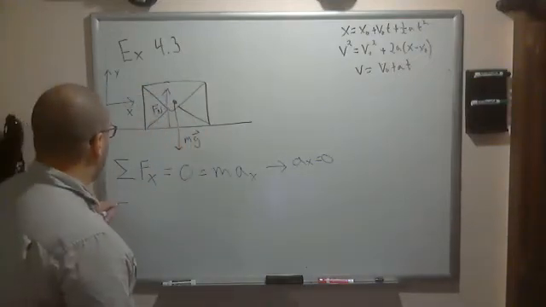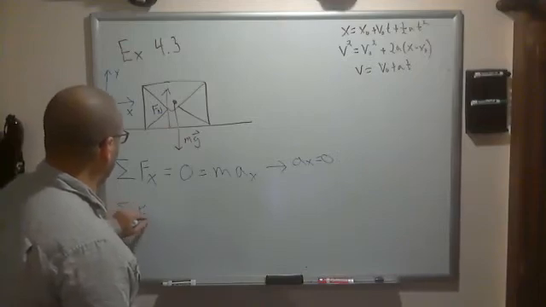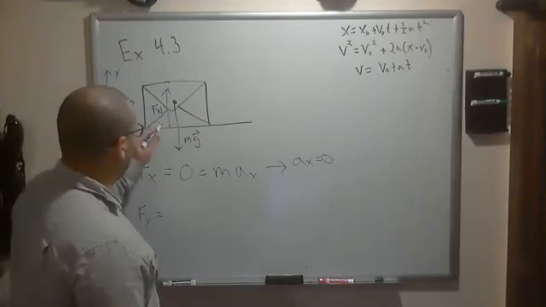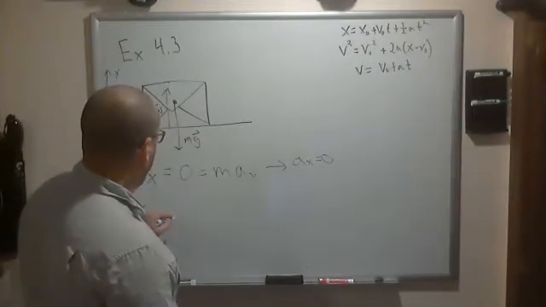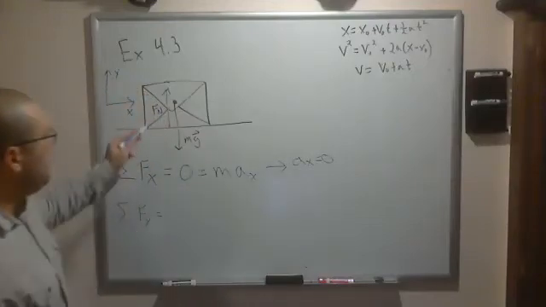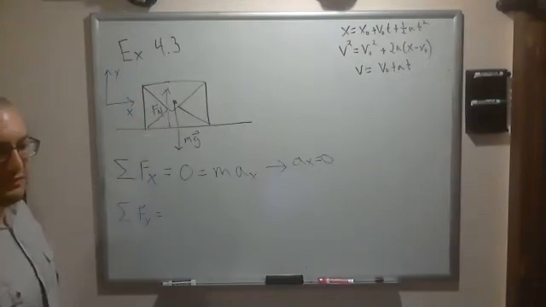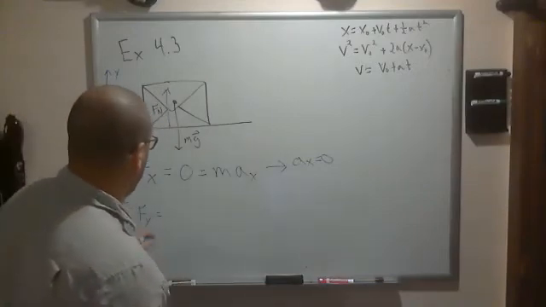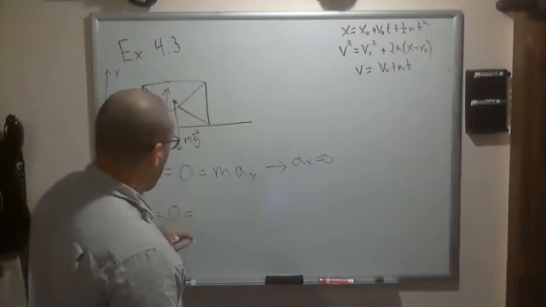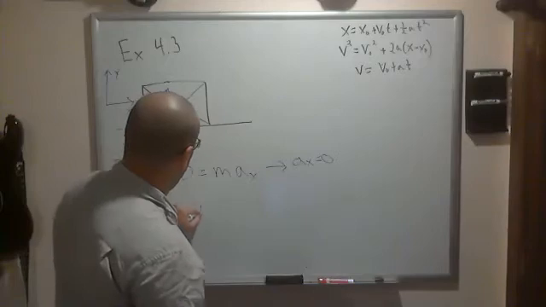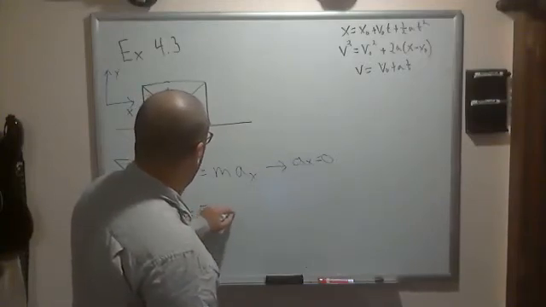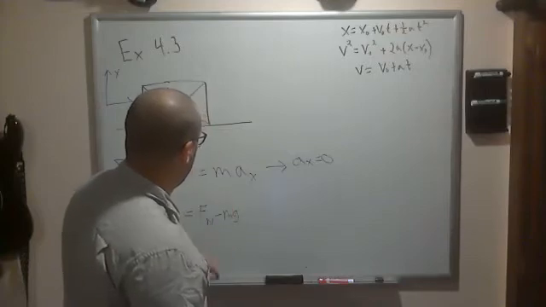Now, let's see what's happening in the Y direction. So the net force is still 0, but we know the forces involved in this. So there's more to this than meets the eye. We'll have the 0, and then we'll have Fn minus mg, right?